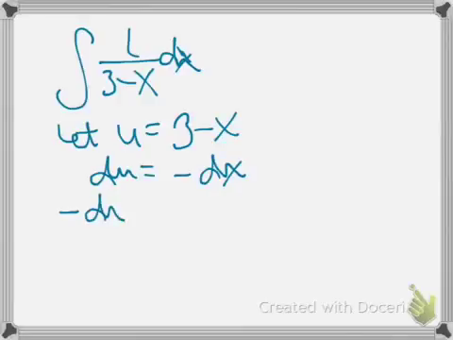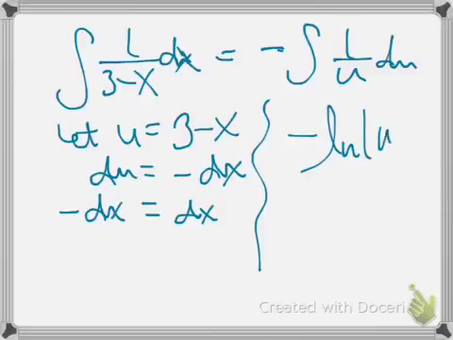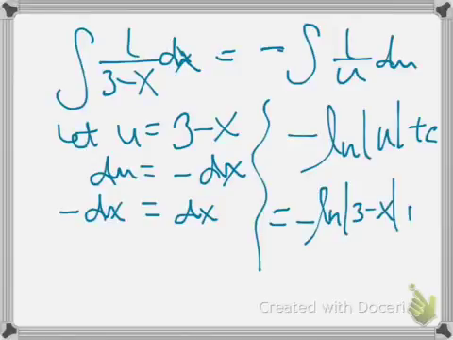And so we would replace dx with negative du, like this, and so we'd have the negative of the integral of 1 over u du, and that of course would be negative natural log absolute value of u plus c, which of course is negative natural log the absolute value of the quantity 3 minus x plus c. So that's how that part worked out.